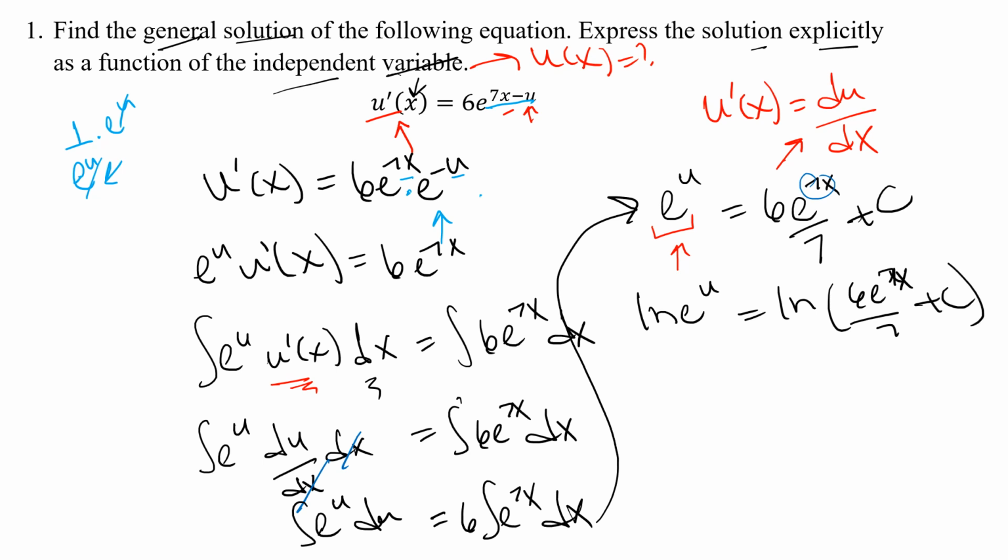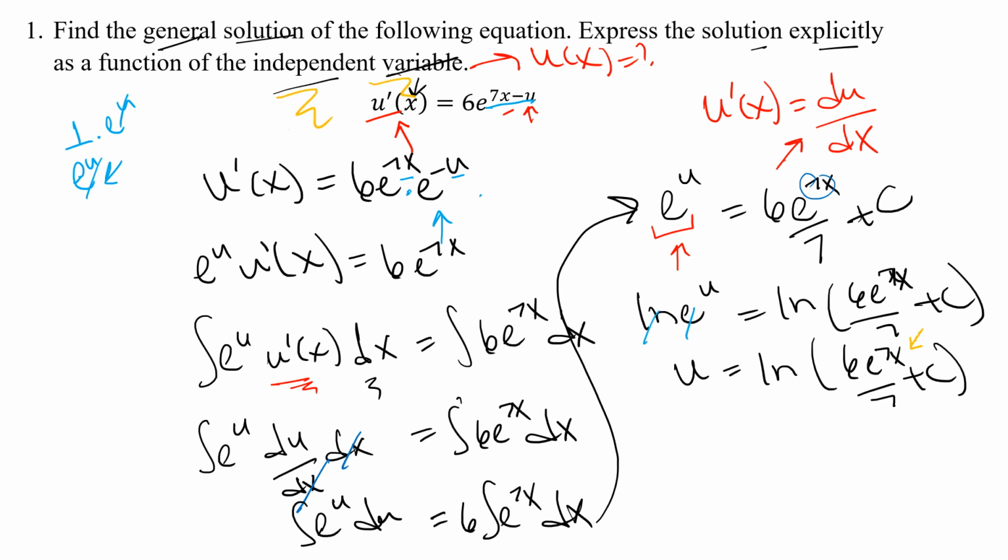Well, now over here, ln and e are just inverses of each other, so they basically cancel out. So we're just left with u, okay? u is equal to the natural log of (6e^(7x)/7 + c). And now you can see we were able to get the u by itself. And over here, this is in terms of the variable x, so that's explicitly a function of our independent variable.